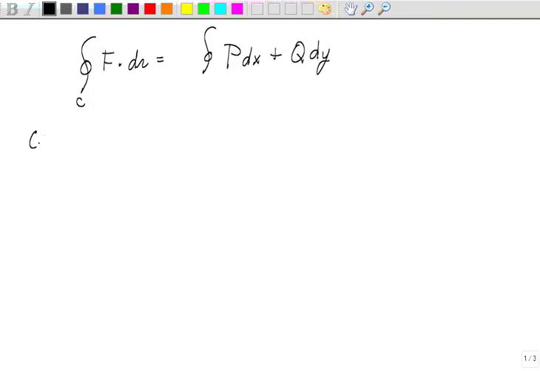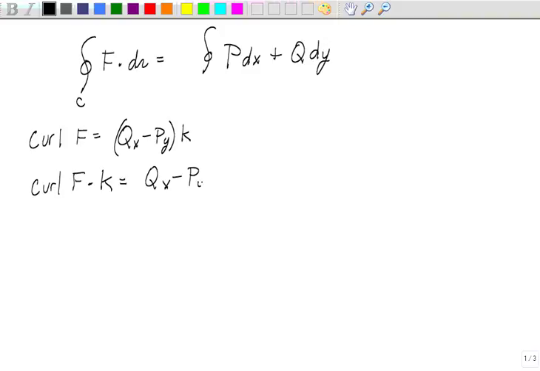We also know the curl of F is (Qx minus Py) k here, and k dotted with k is 1, so we just have Qx minus Py.